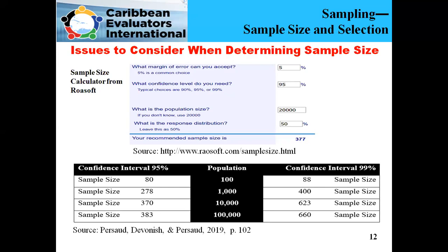But as it gets larger, because of the laws of probability, your sample does not have to increase in proportion to your population size. So this is very good news that we can actually get a sample from a population of 1 million that would not be overly cost prohibitive to actually sample.